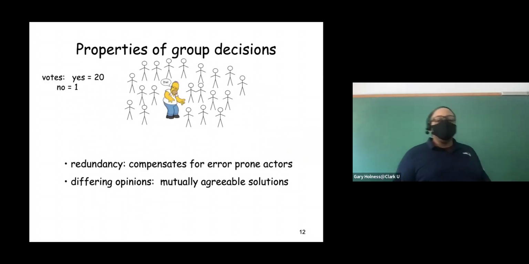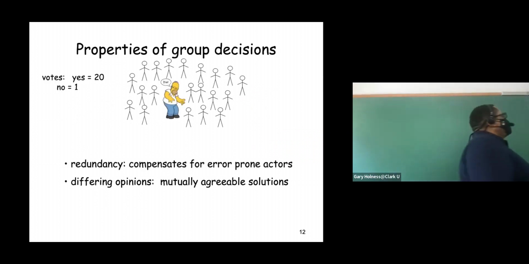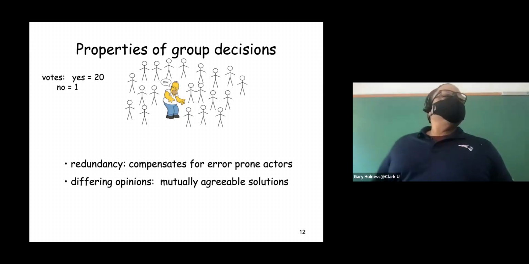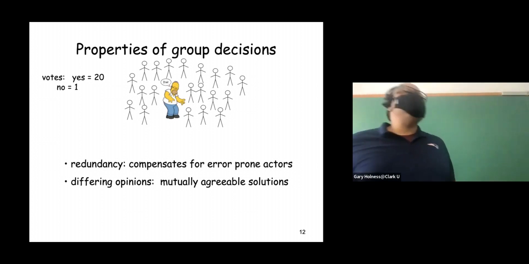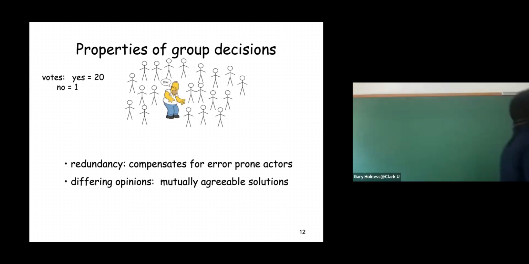And so the properties of group decisions are two different things. You get redundancy. And what that redundancy means is that the error prone actors are compensated for by the others in the group. You can tolerate some number of errors. Now, if you're dealing with a simple majority, well, you can tolerate floor of n over 2 many errors. That's pretty generous, okay? So you're more robust in the decision, okay?